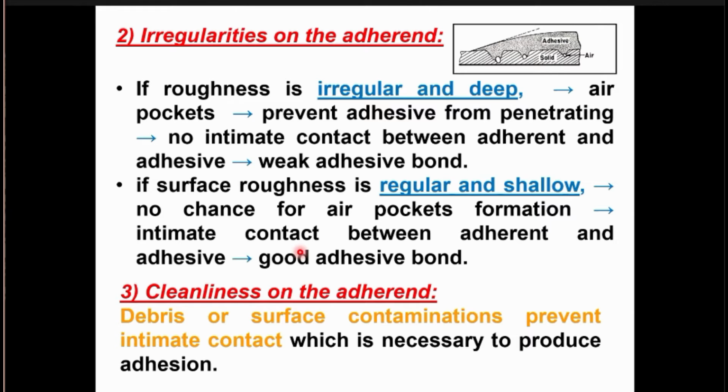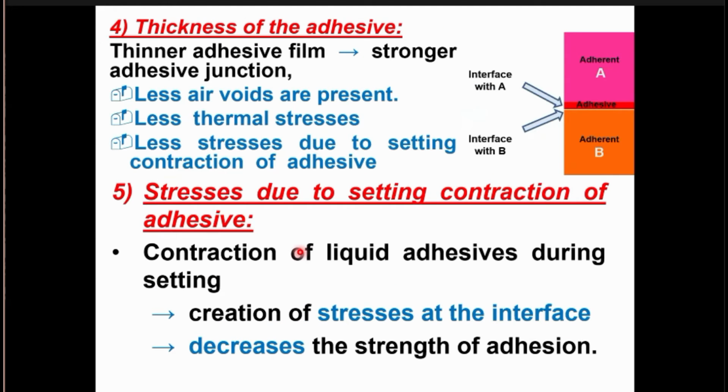The other point is that surface contaminants reduce the surface energy. Once they reduce the surface energy, we will not get a good contact angle and the adhesion will be reduced. We will not get that good strength. Therefore, make sure the surface we are going to adhere is clean.